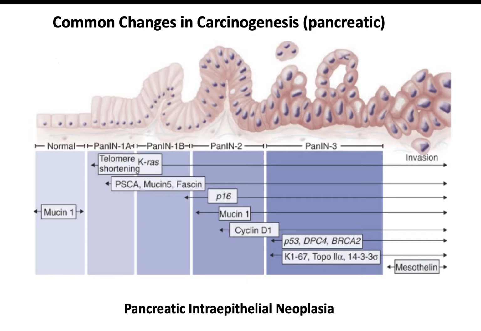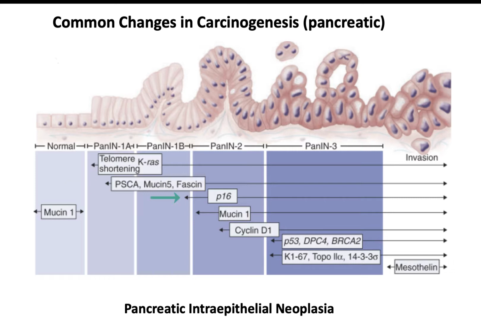So here's one of the examples of a pancreatic cancer, and they don't all have the same progression of these mutations, but this is just in one case. You have first a mutation in mucin 1, and then the next mutation is telomere shortening and a KRAS mutation, followed by more mutations in PSCA and another mucin gene, which sort of adheres cells to one another.